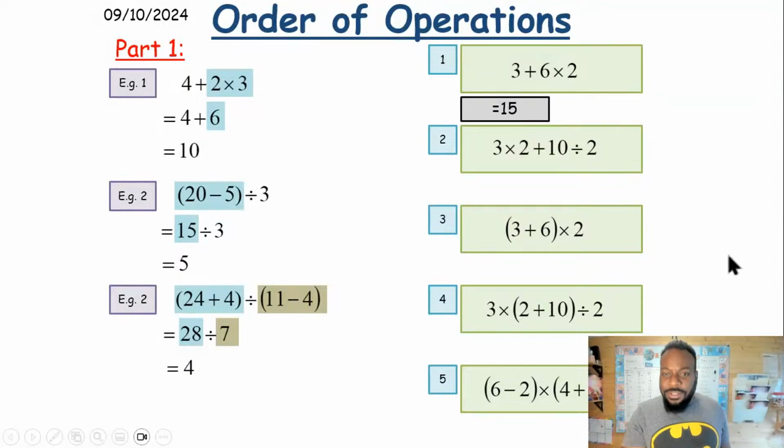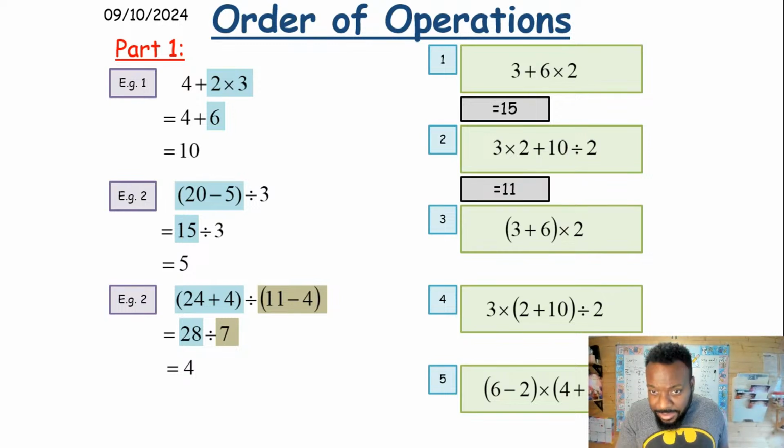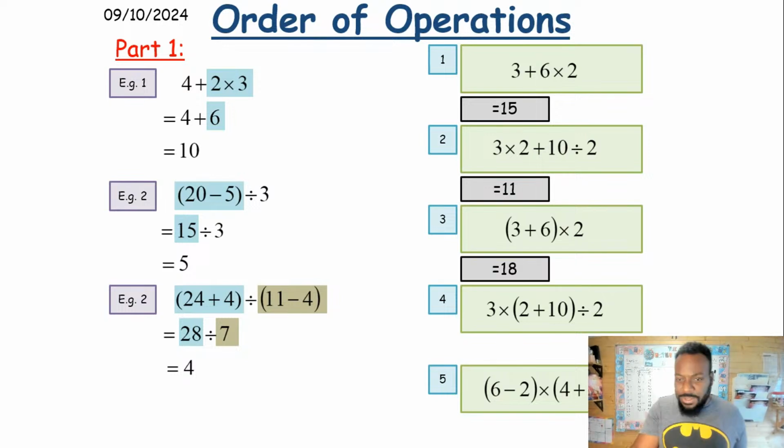Alrighty, let's go. So 15, got 6 times 2, and we add that to the 3. 6 times 2, 12 plus 3, 15. Another one here, 10 divided by 2, 5, and 3 times 2, 6, and 5 plus 6. 3 plus 6, 9, times 2, 18.